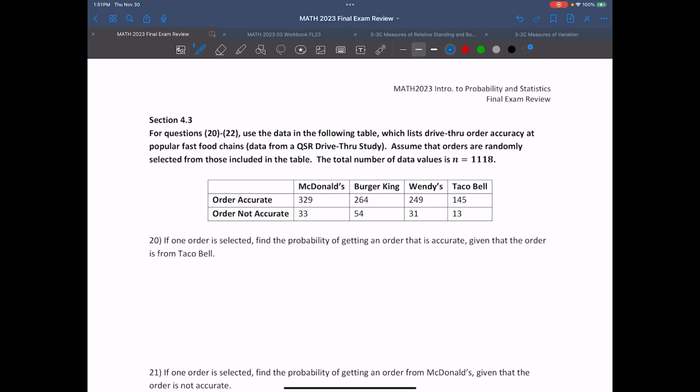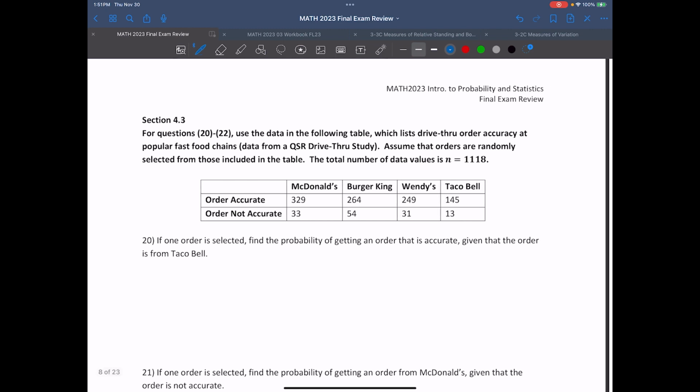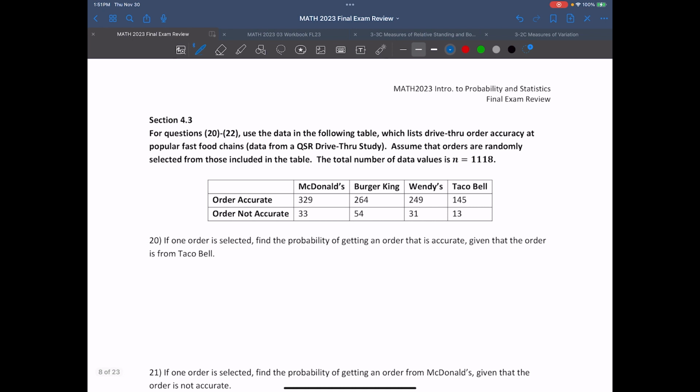Now with 4-3, we are going to look at this following table with the data about drive-through and accurate orders. We are told that n is equal to 1,118, and you can verify that by basically adding up all of the different cells.